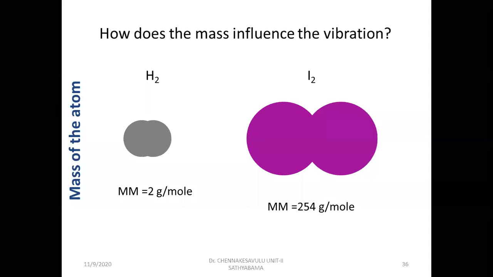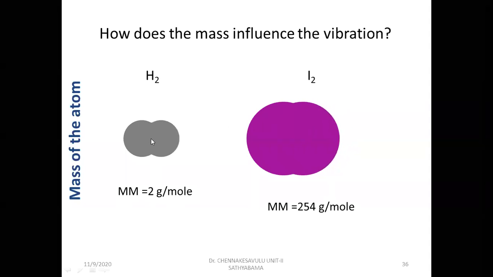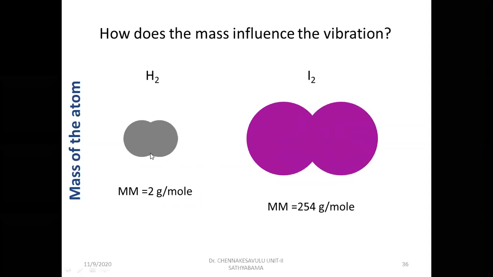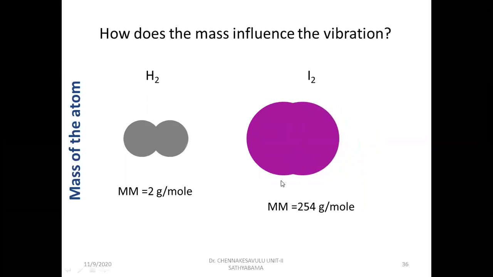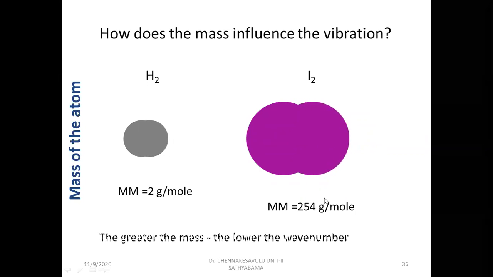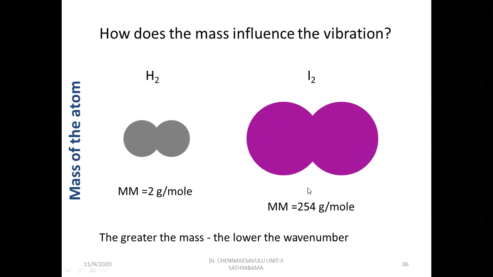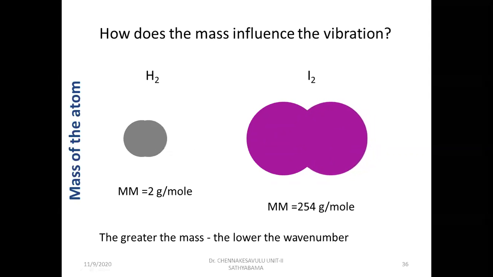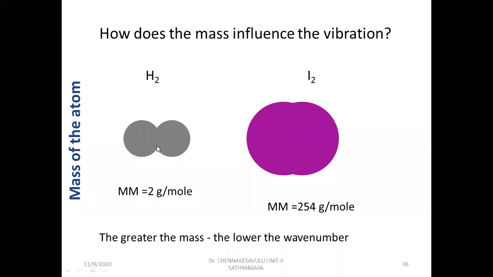You see how the hydrogen will be vibrating, how the iodine will be vibrating, and the mass of both: iodine I2 is 254 and hydrogen is 2 grams per mole. We will have 2 grams for a mole of hydrogen, and 254 grams for a mole of iodine. See, the greater the mass, the lower the wave number. Okay, the lesser the mass, the higher the wave number. That means it is vibrating very fast. That is the meaning.